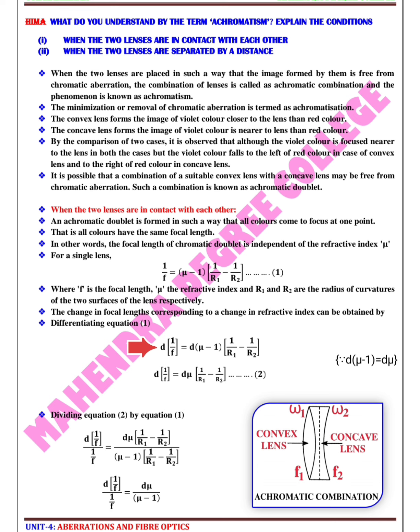We get d(1/f) = d(mu - 1)(1/R1 - 1/R2), where 1/R1 - 1/R2 is treated as a constant with respect to mu.